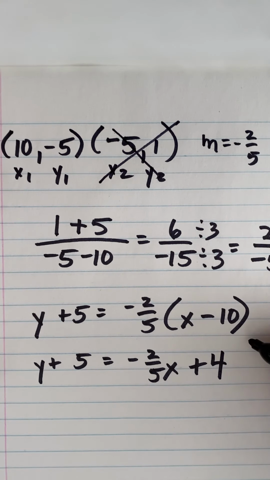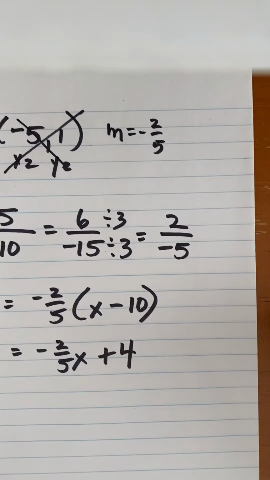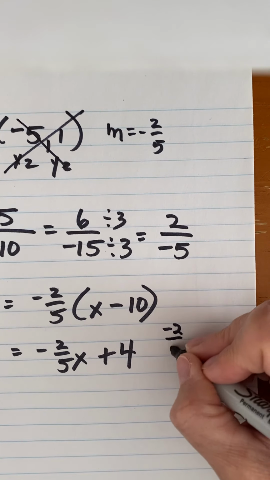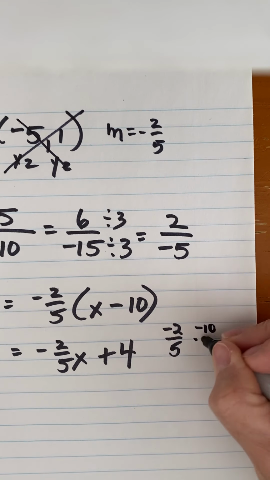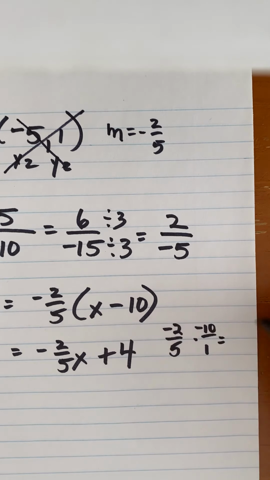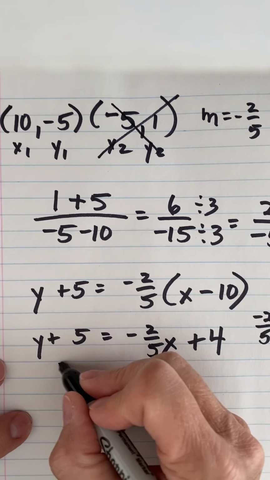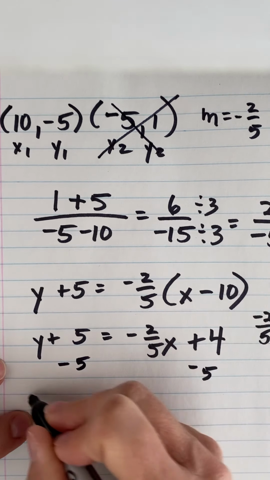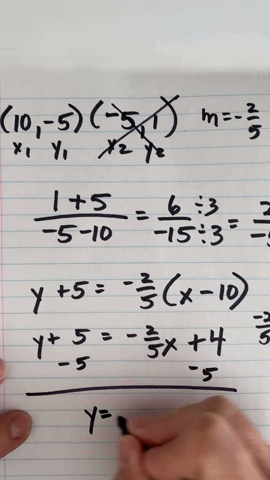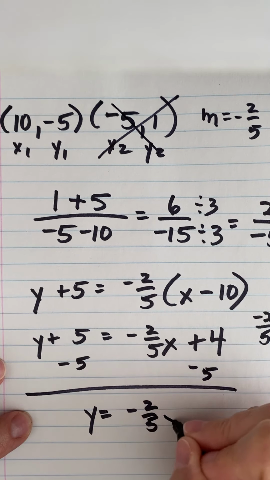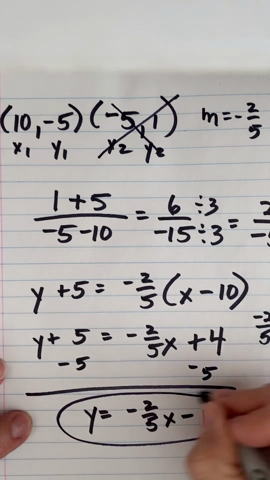Okay, so those of you who didn't, if that was too fast, -2 over 5 times -10 over 1. -2 times -10 is +20 over 5, and that simplifies to 4. Now I subtract 5, and I get y equals -2/5 x minus 1.